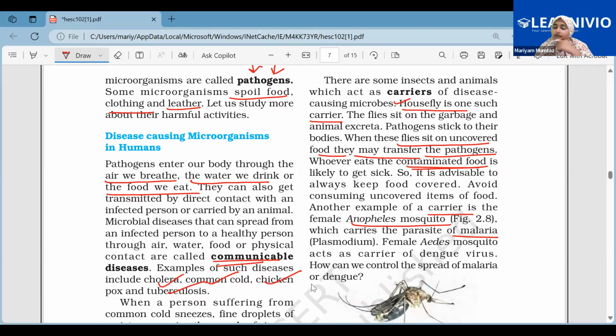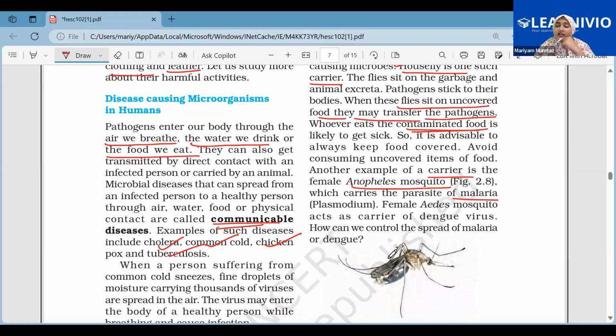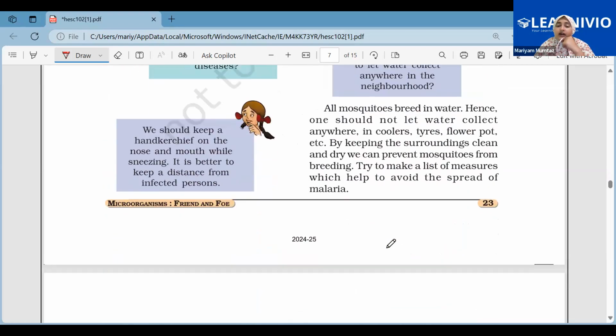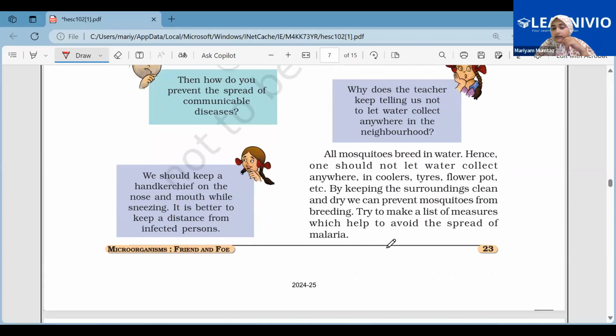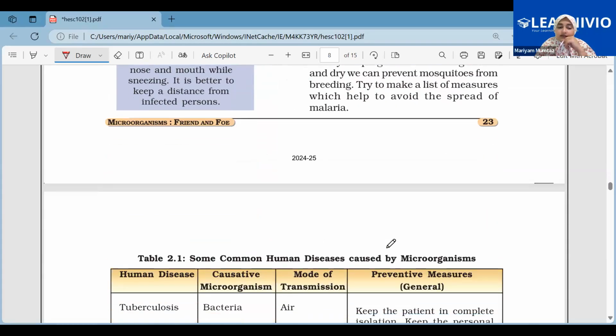Which one? Aedes. Correct. So the female Aedes mosquito is for the dengue virus. Now, all the mosquitoes breed in water, meaning they lay their eggs in the water. Hence, we should not keep a water pool around our house. We should not keep the water stagnant, because the mosquitoes will breed there. Clear? Any doubts?